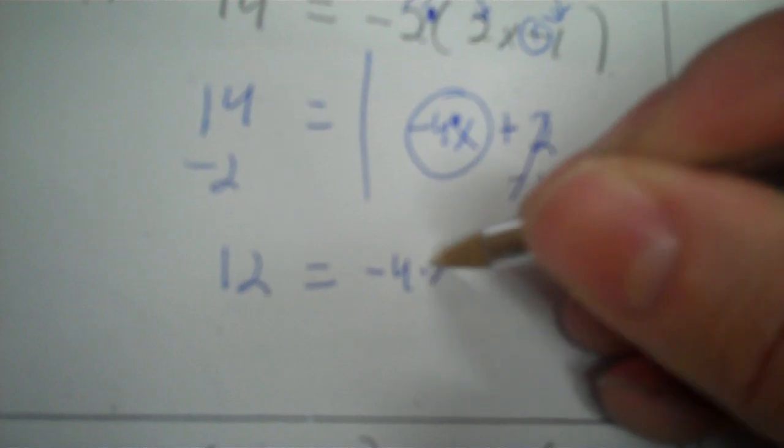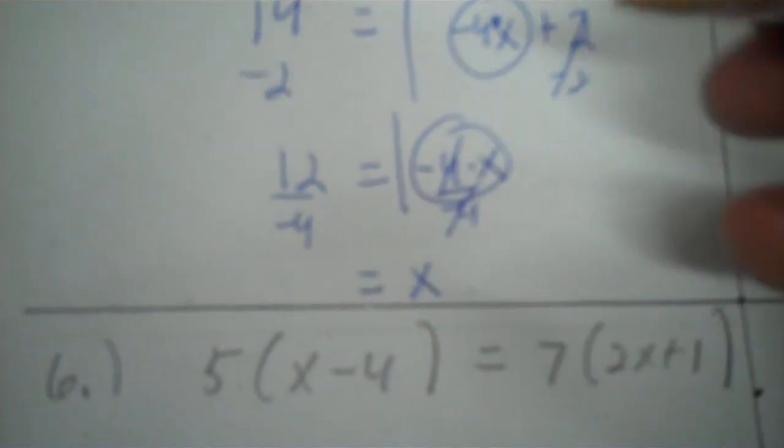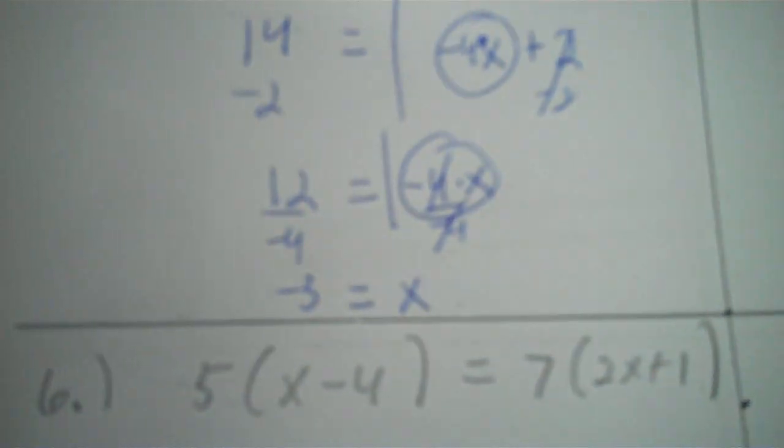And over here you got 14. Now you get the x by itself. So minus 2, so you got 12. And then negative 4 times x. Now you divide by negative 4. So you have x, 12 divided by negative 4 is negative 3.